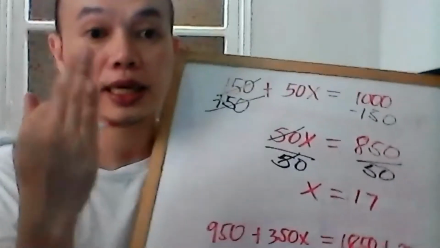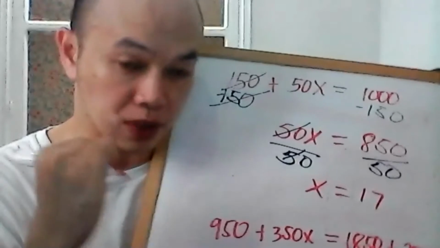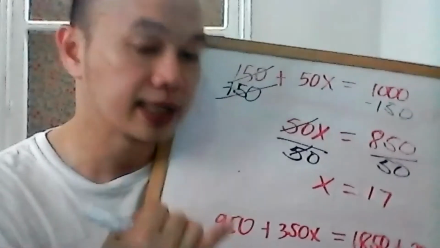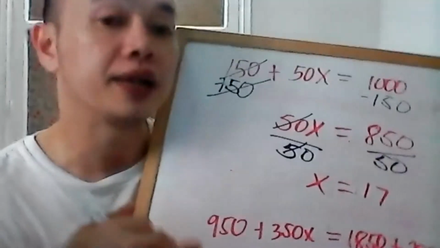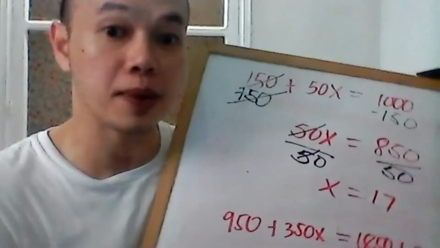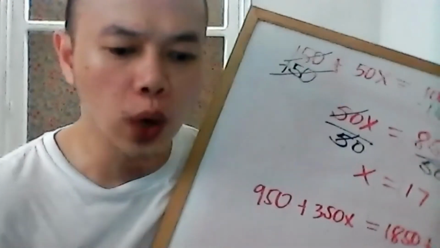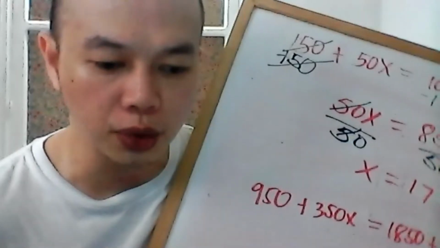So 3. One is the weight of the delivery person, which is 150. Second is the weight of each box, which is 50. And then third is the maximum capacity of the elevator, which is 1,000.